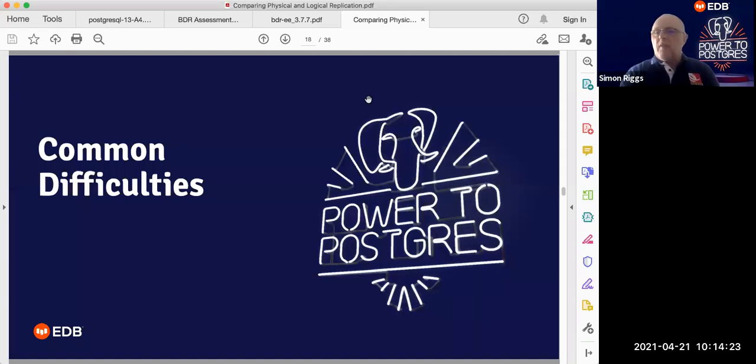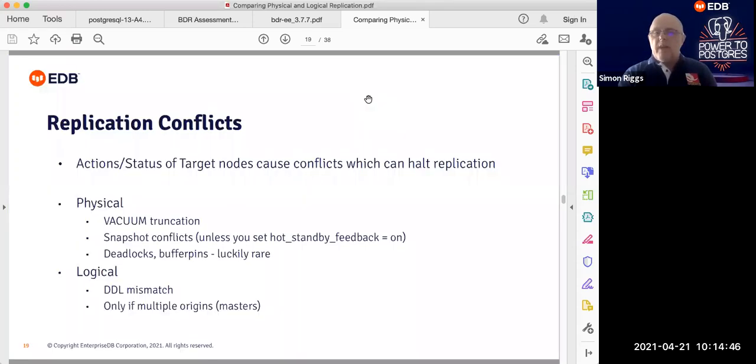So those are some advantages of logical replication, and I'm trying to give a balanced viewpoint, so I won't sing the praises too much of that. But the point is that there are significant reasons why we would want to replicate things in a logical manner. But we need to talk about what difficulties we have with replication as well.